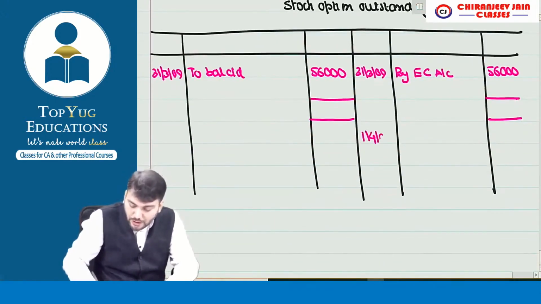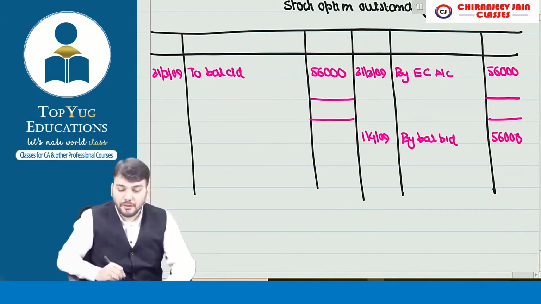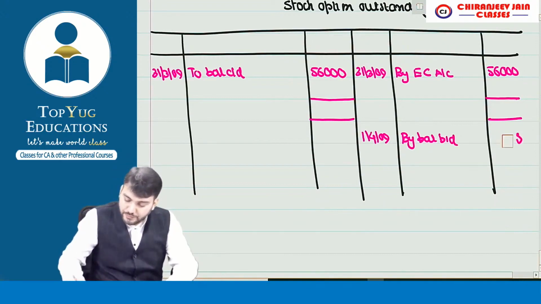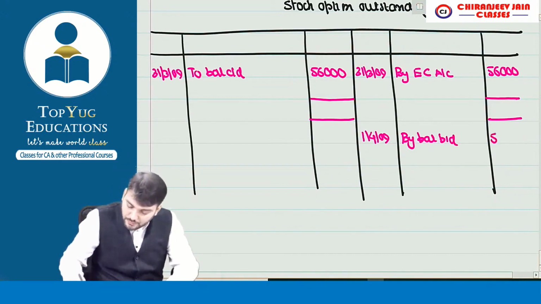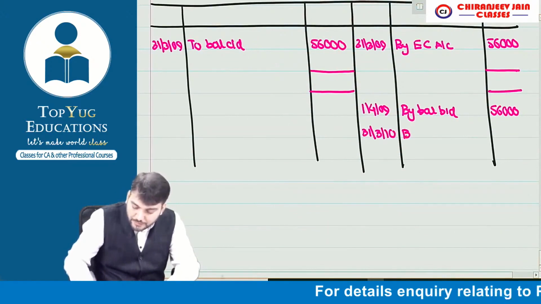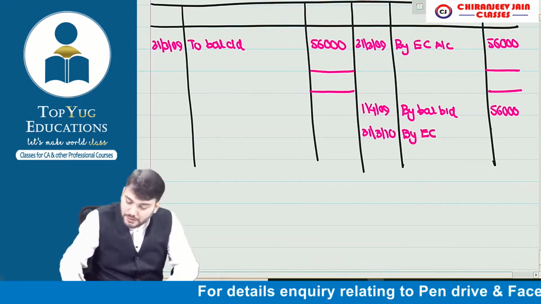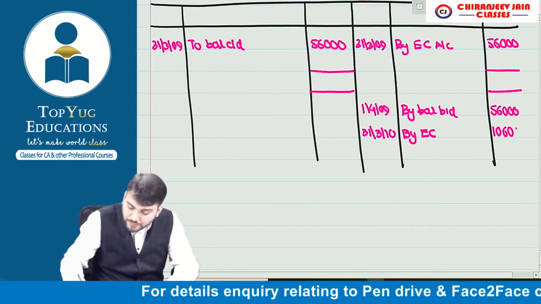Then on 1/4/2009, by balance brought down, 56,000. Correct? Then on 31st March 2010, by employee compensation, it is 1,06,000.